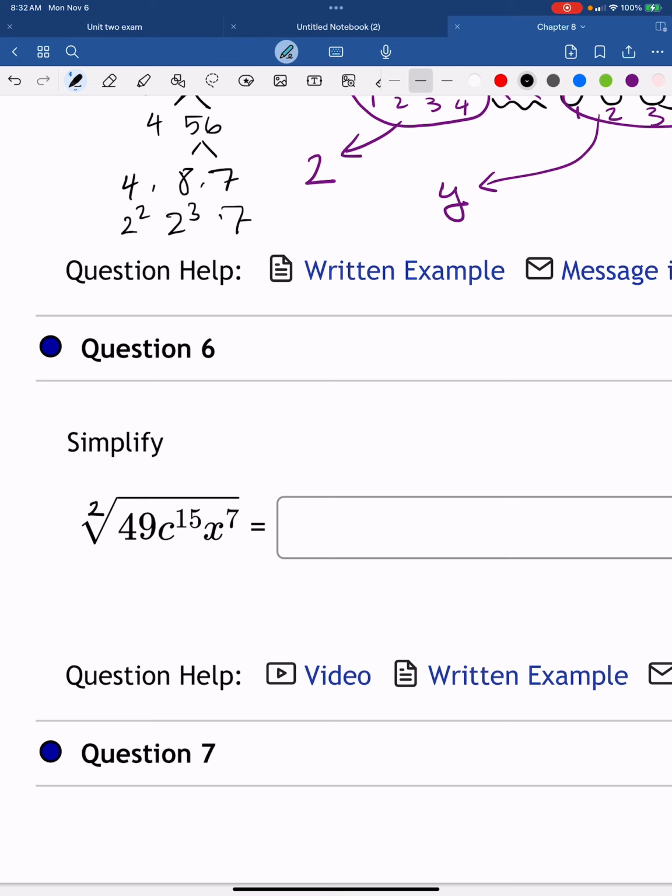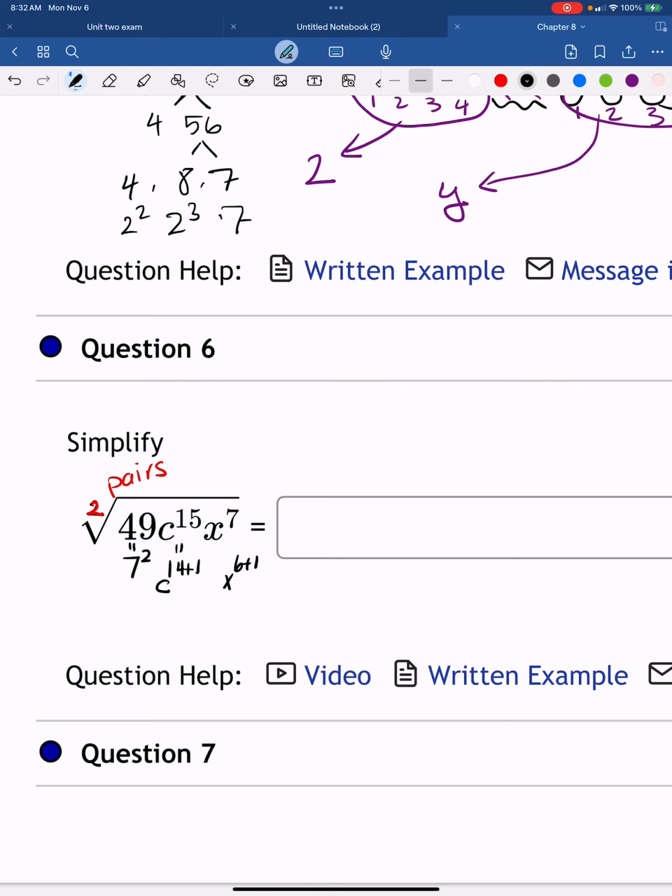So remember that this is a square root, so we're looking for pairs. 49 happens to be 7 squared. C to the 15th happens to be c to the 14 plus 1, and x to the 7th happens to be x to the 6 plus 1.